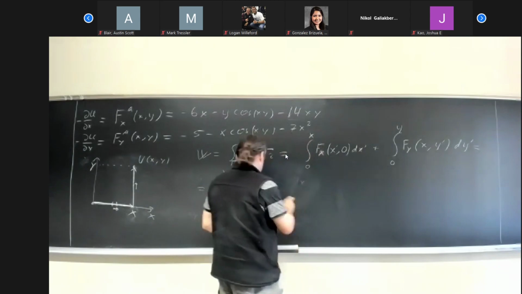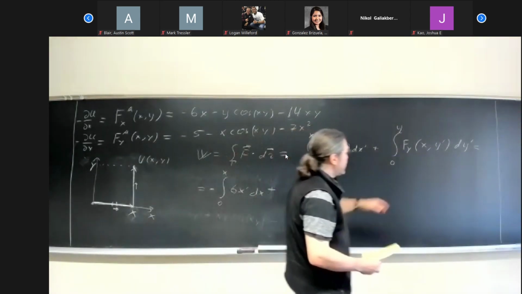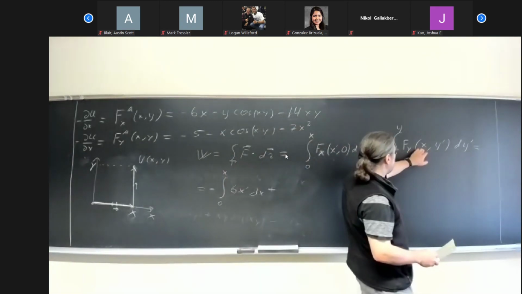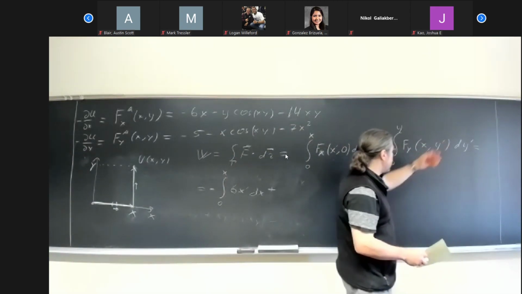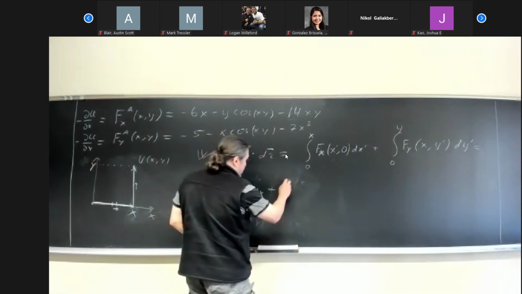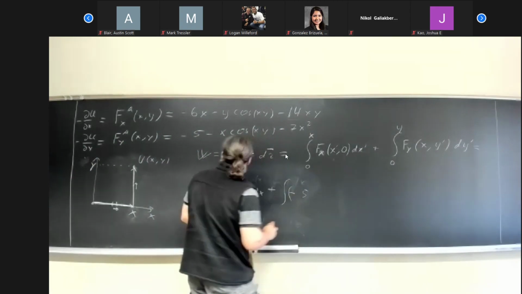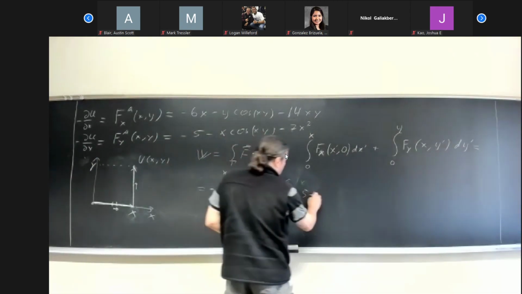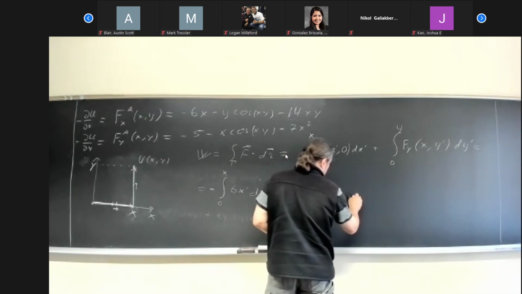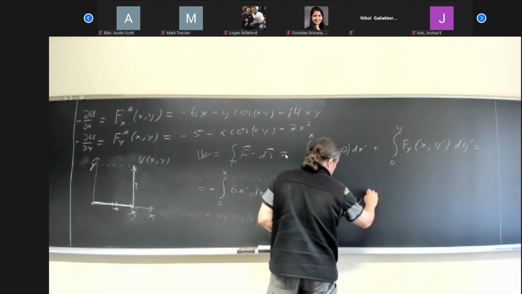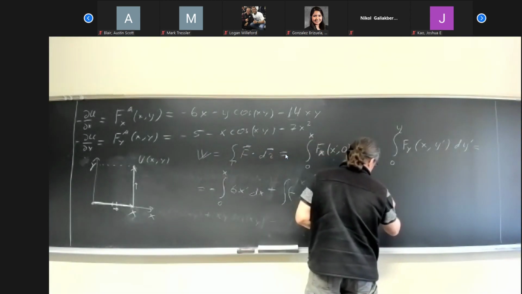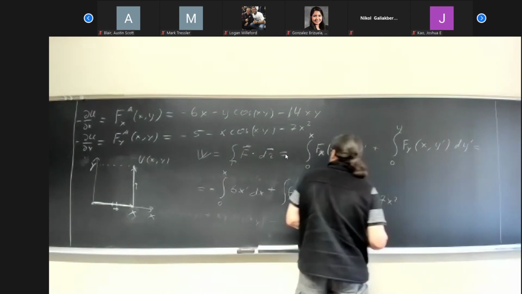Plus, now I need to take the y component of the force, keep x in there and substitute y prime instead of y. So what I have here is the integral of minus 5, then minus x cosine x y prime, minus 7x squared.